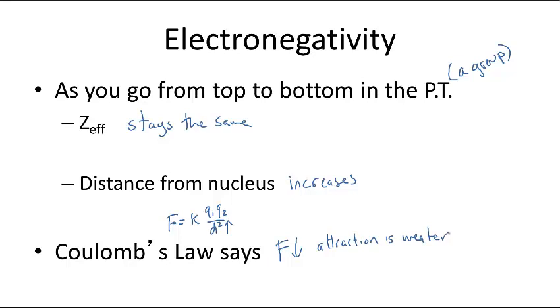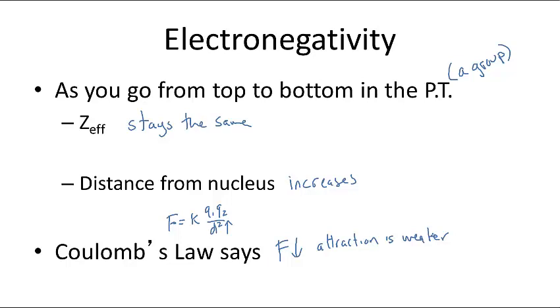So as you go down a group in the periodic table, those valence electrons aren't getting held onto as tightly because they're still essentially feeling the same pull from the protons in the nucleus, but it's further away, so that pull gets sort of deadened a little bit.